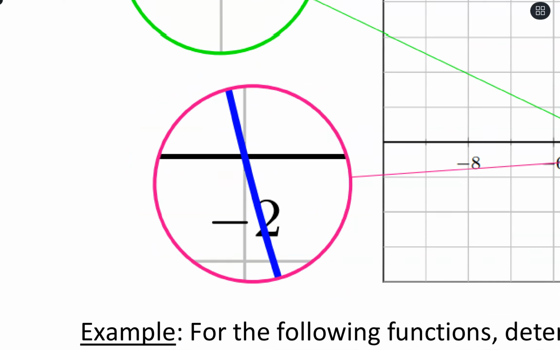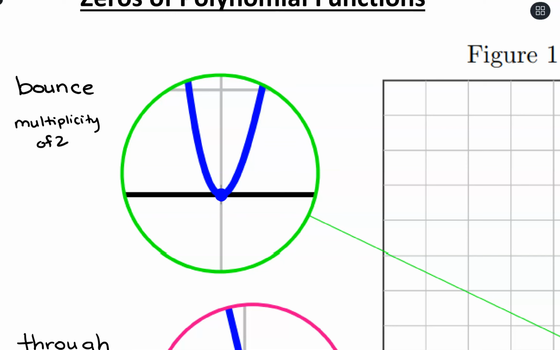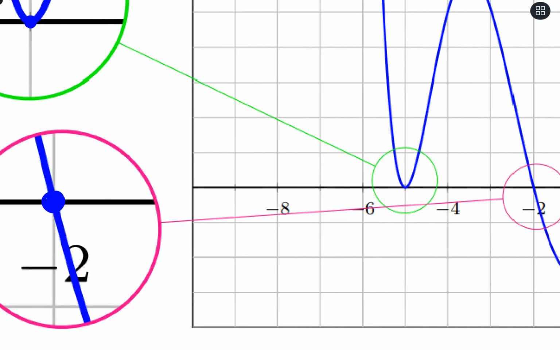This one right here, our zero is right there, and we're just passing right through. When we're passing through, this tells me that we have a multiplicity of 1. It's like it's linear right there, whereas that last one is like it's quadratic, like having an x squared. And this is just like having an x.